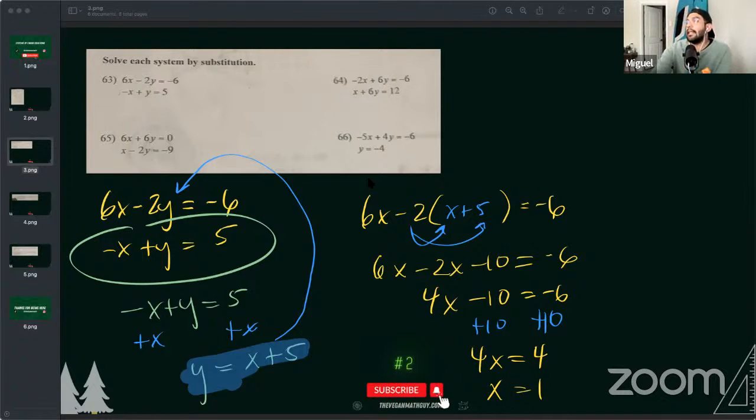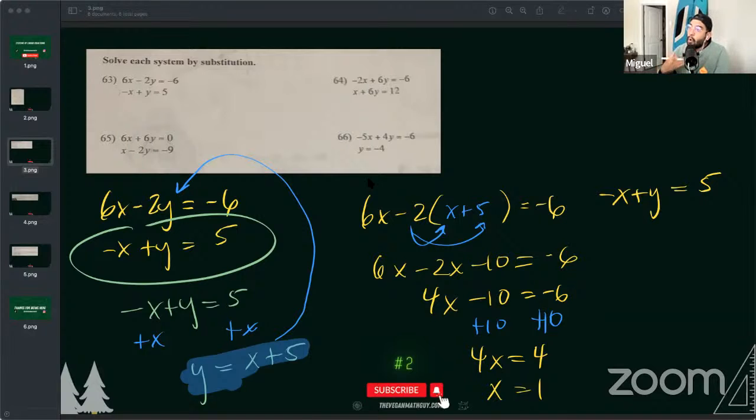And this is just like the problems that we were doing when we had elimination in the previous slide. We found the value of x, so we're going to plug that value into any one of the equations that we were given. And I'll just plug it into the second equation, just because it's much easier. So I have negative x plus y is equal to 5. That's the second equation that I was given in the original problem.